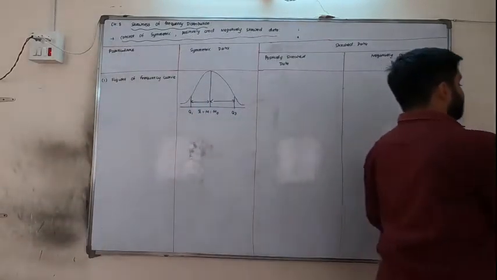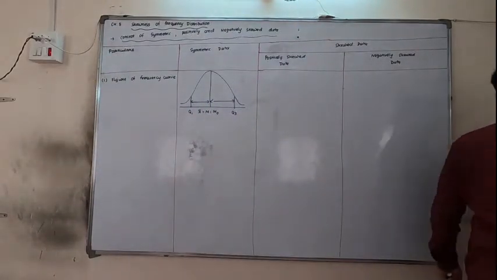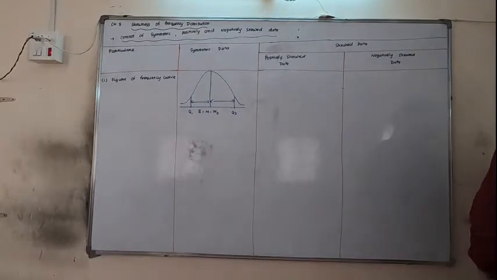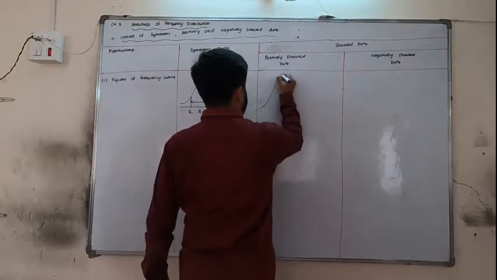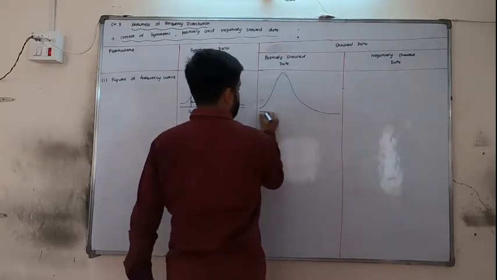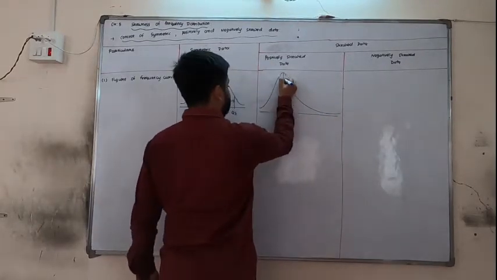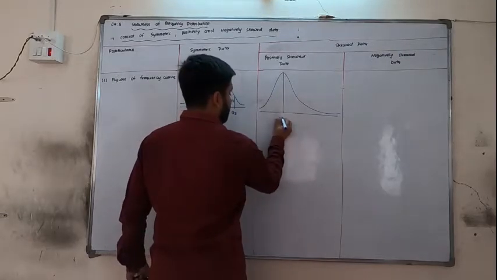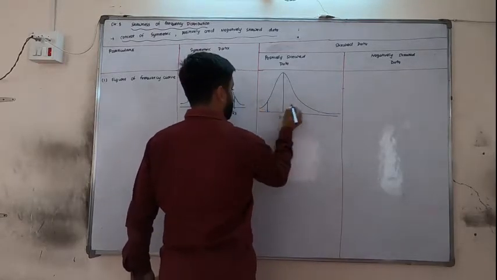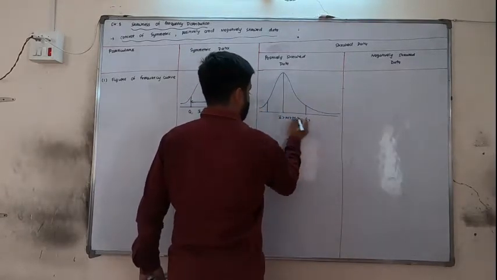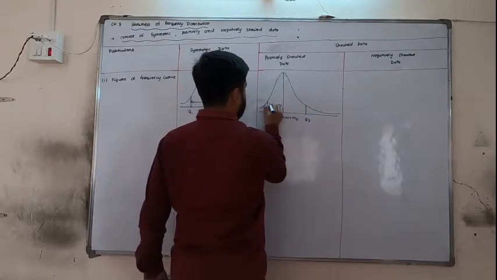Again, the positively skewed data figure is given on 176. The right tail will be a little bit elongated. X bar greater than m greater than mo, with Q3 and Q1.